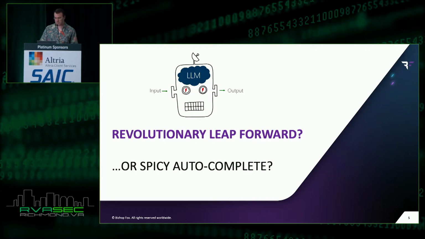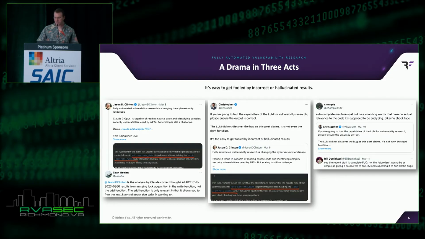We're going to provide some evidence to suggest that the answer is probably somewhere in the middle, but we're not the only ones asking this question. I've just dropped a thread from Twitter from a few months ago that was part of inspiring us to even submit for this talk. Anthropic released Claude 3 and accompanied it with a sentiment that fully automated vulnerability research is changing the cybersecurity landscape.